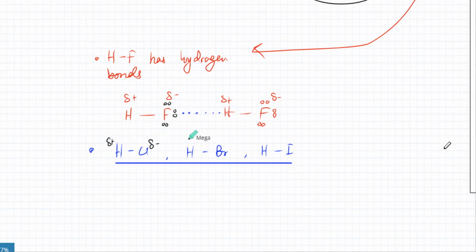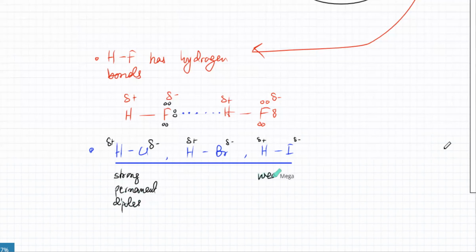HBr, on the other hand, is going to have slightly weaker dipoles. And HI would have even weaker dipoles. So the first one is going to have strong permanent dipoles, and this one has weak permanent dipoles.